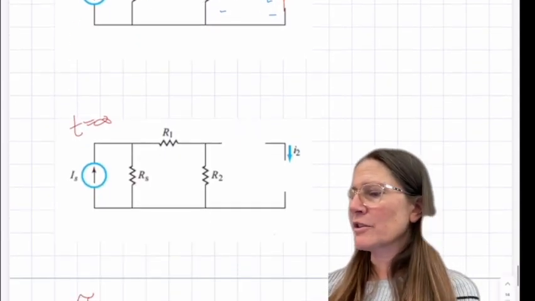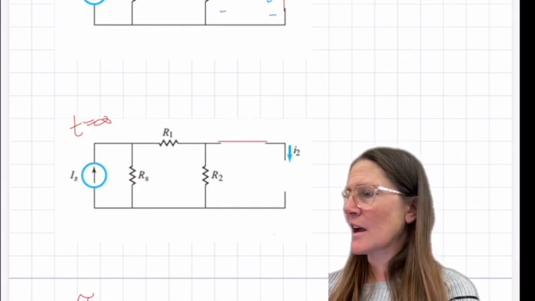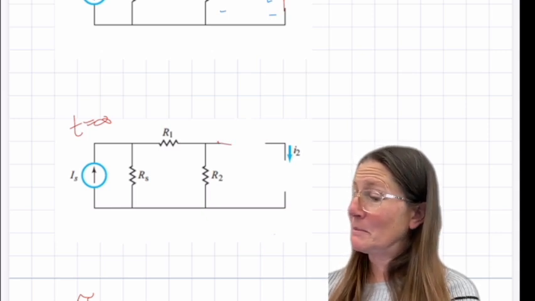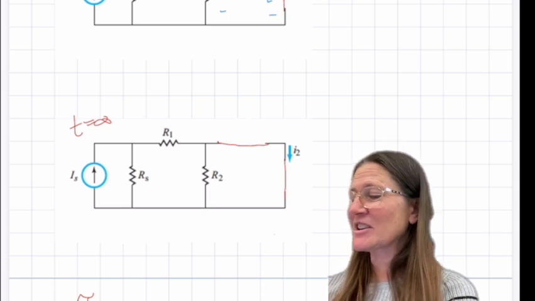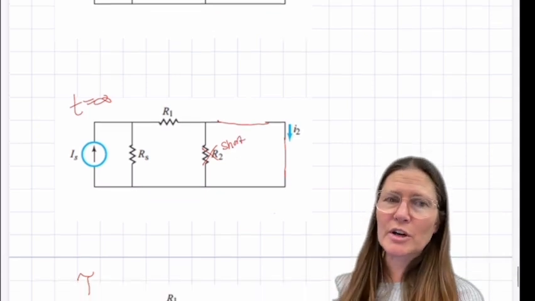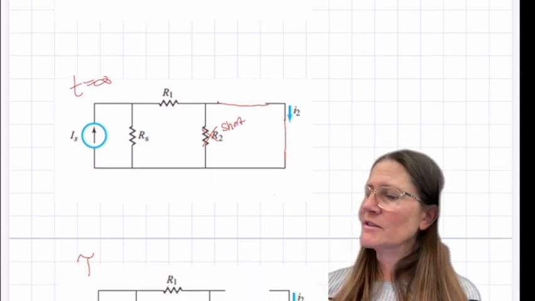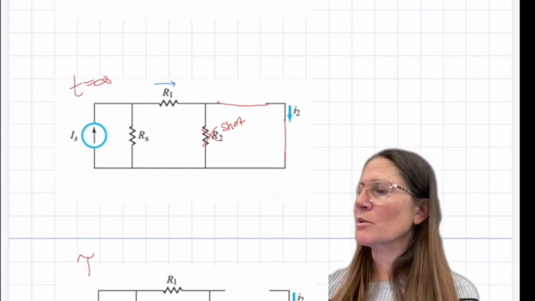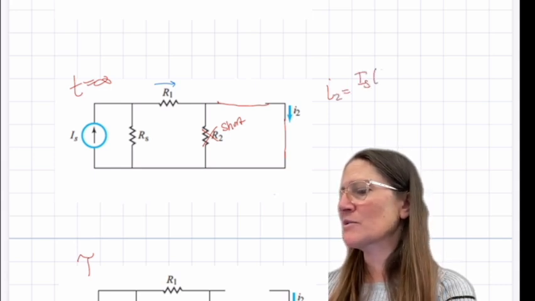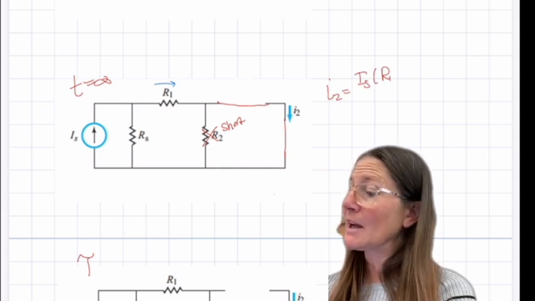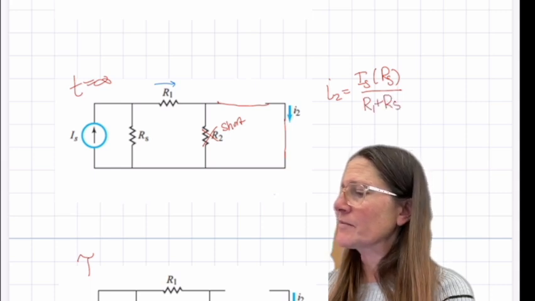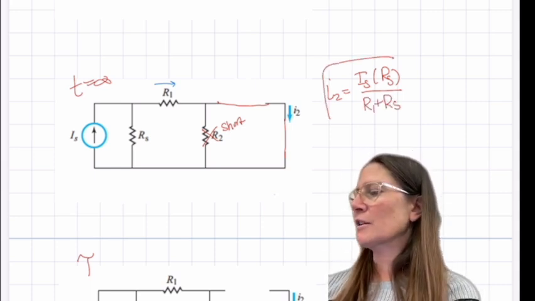For the final, this is closed again, and this acts like a wire. So this is going to short R2 here, and your current is going to be the same current that's going through R1. So I2 will be IS times R1, RS over R1 plus RS. And that's your final value.